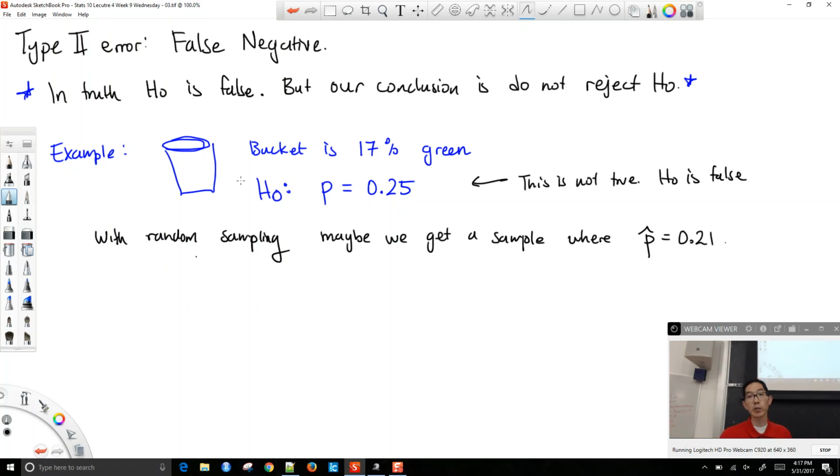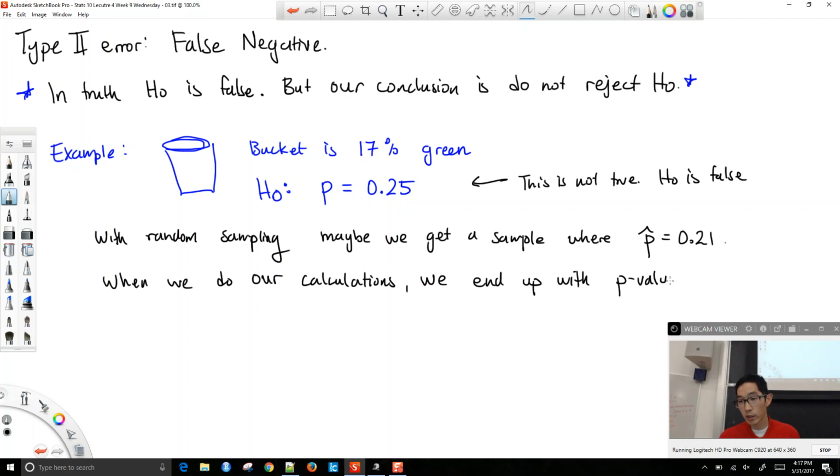When we look at 21% versus the null hypothesis of 25%, when we do our calculations, I'm just making up these numbers, I'm just doing an example here, maybe we end up with a p-value of 13%. Based on this p-value, we do not reject the null hypothesis.